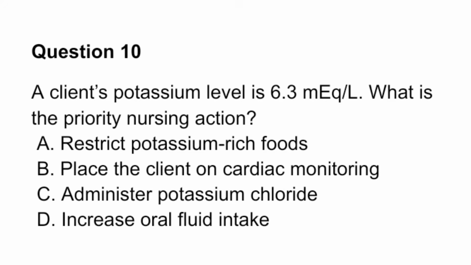Question 10. A client's potassium level is 6.3 milliequivalents per liter. What is the priority nursing action? A. Restrict potassium-rich foods. B. Place the client on cardiac monitoring. C. Administer potassium chloride.